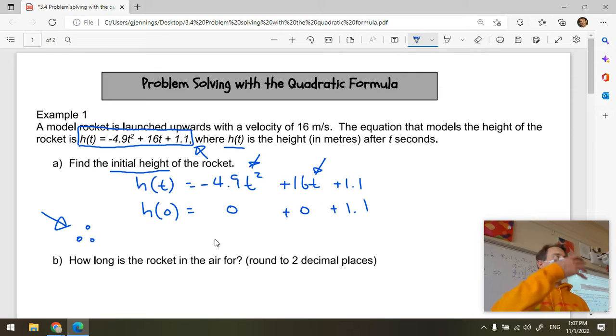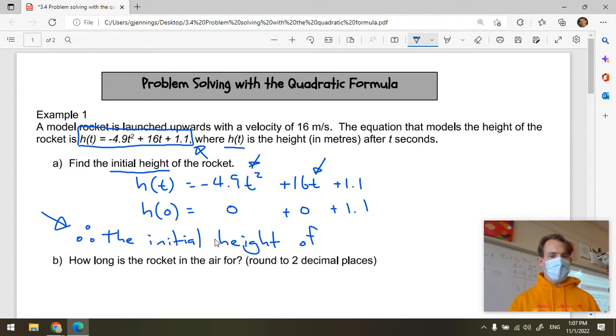So therefore, and we do want to have these communication things in our work, we want to interpret the values that we find and tell our audience what they mean. Therefore, the initial height of the rocket is 1.1 meters.